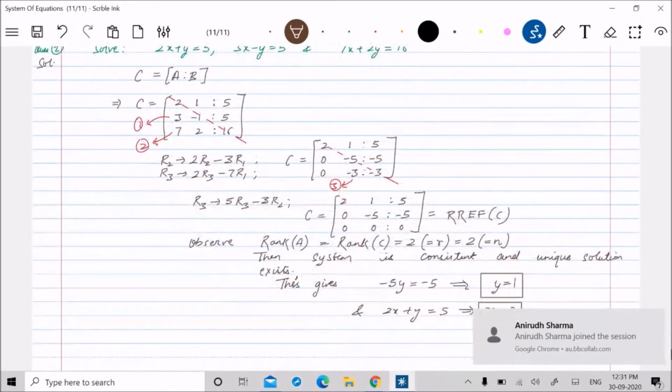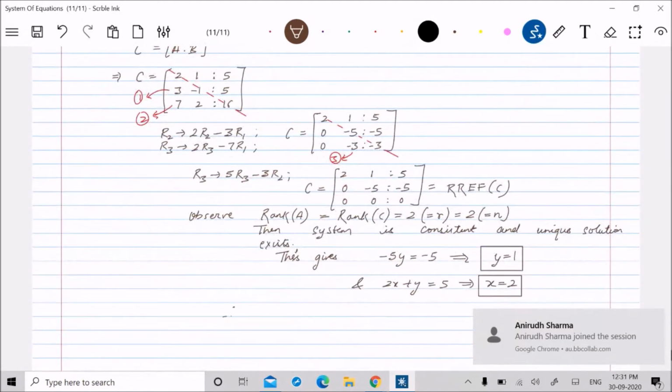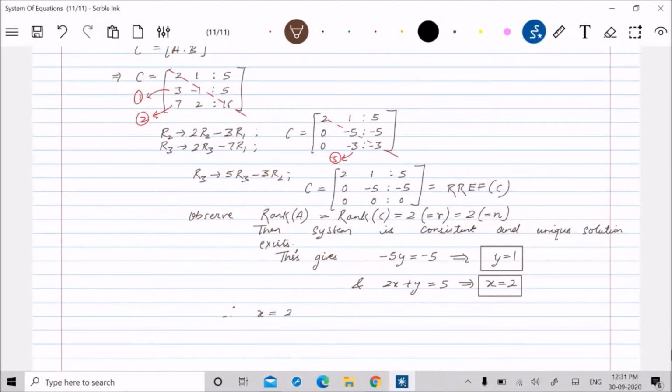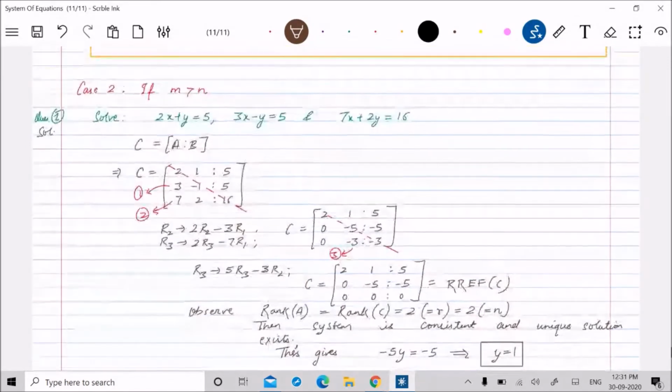So this is the answer. This is a unique solution, right? Therefore x equal to 2 and y equal to 1 is the unique solution. Of course it is a single solution, right?